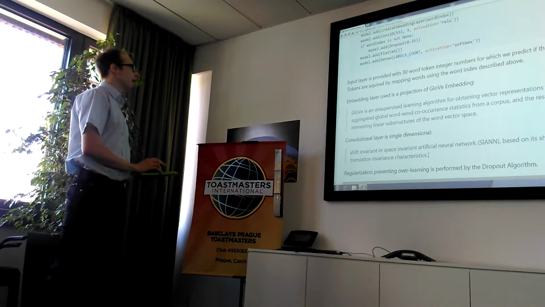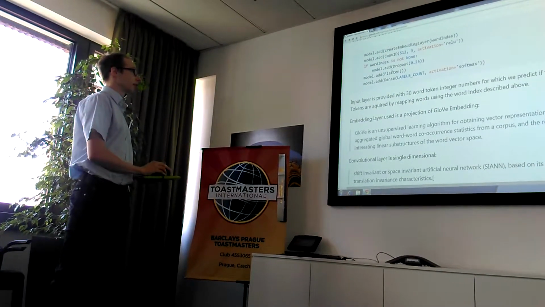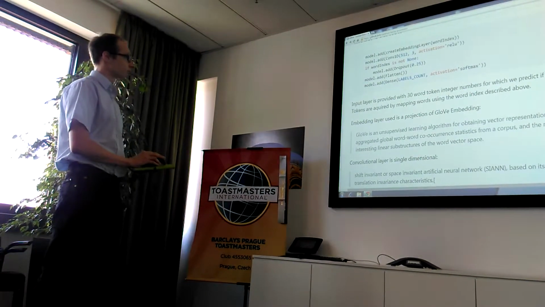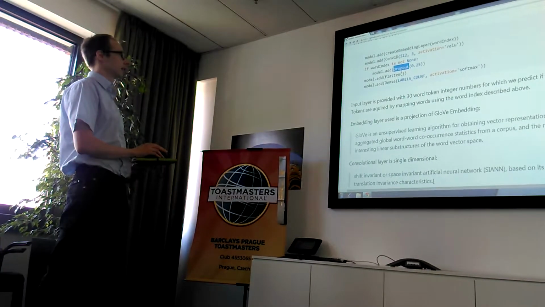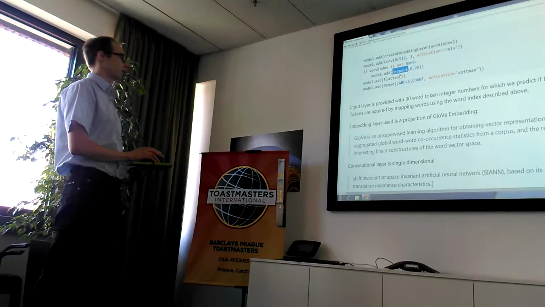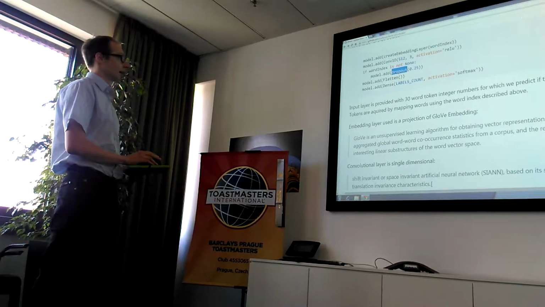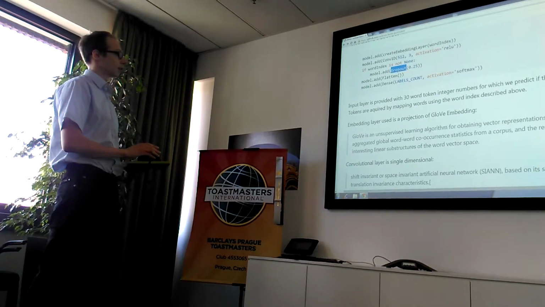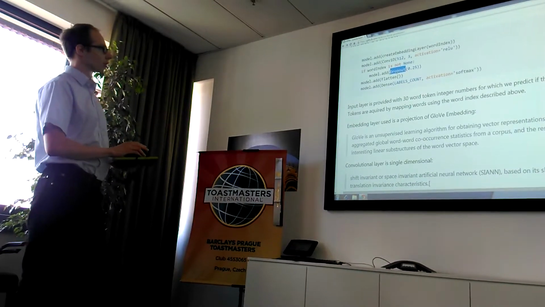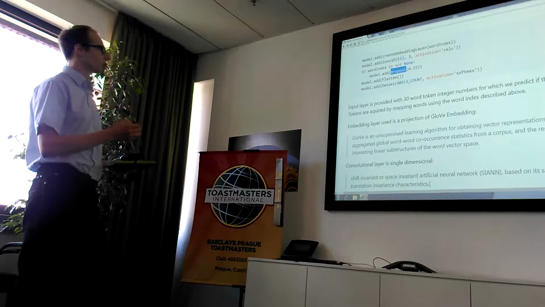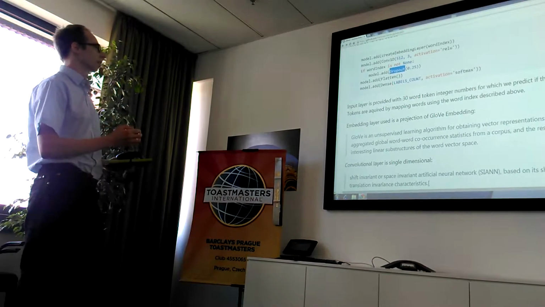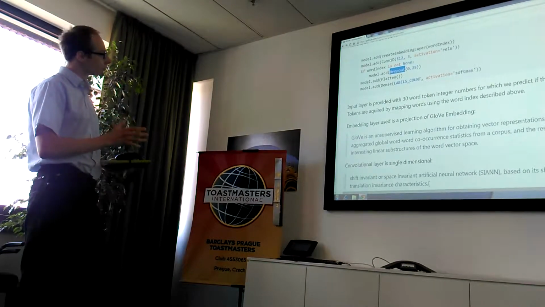The next layer during training is not actually a layer, although it's implemented as a layer. It's a training layer called dropout, which is used for regularization to improve the training a little bit.